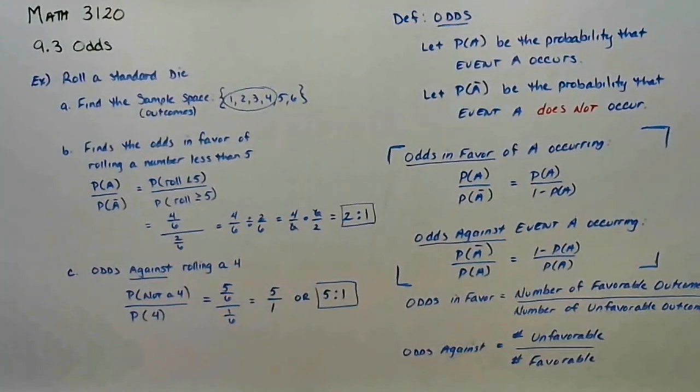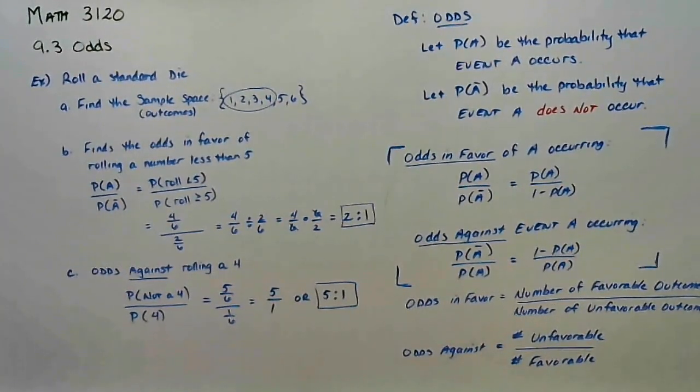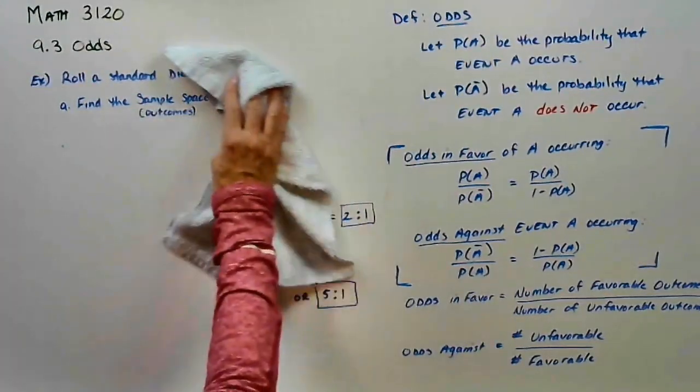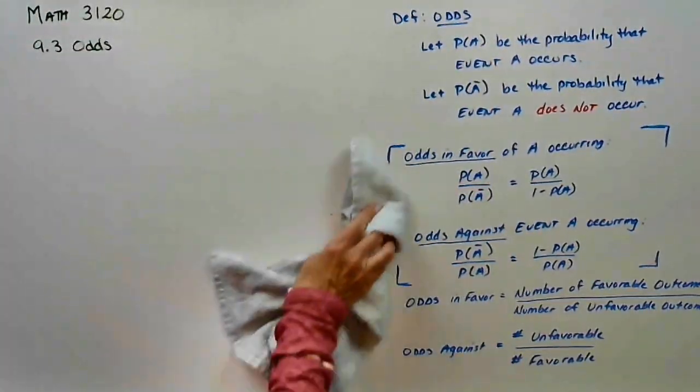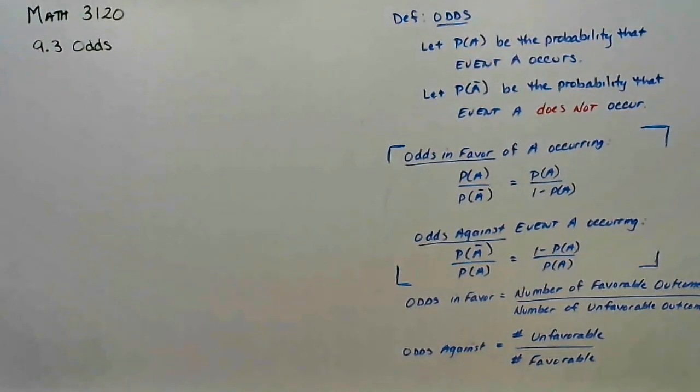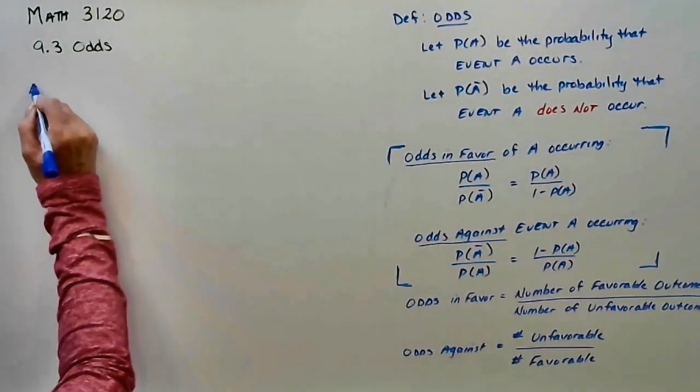All right, let's take a look at using a coin with a head or tail, and let's practice again. Okay, so I'm going to leave the definitions over there so we can look at them, but let's look at an example that involves flipping a coin, and then we'll look at an example that involves some cards so that you can really get the idea of what odds mean. Okay, so let's do this one.